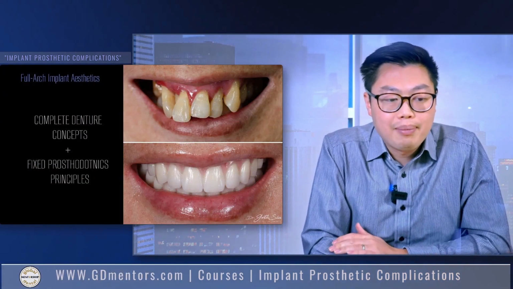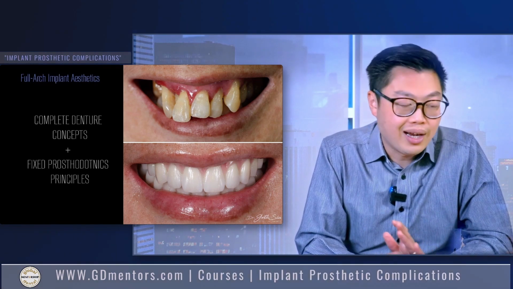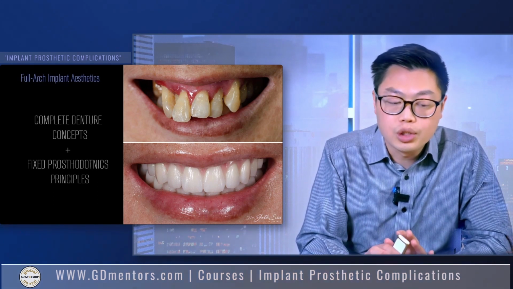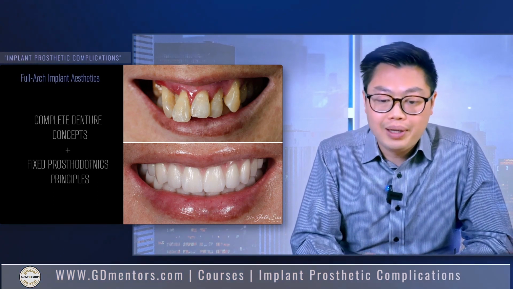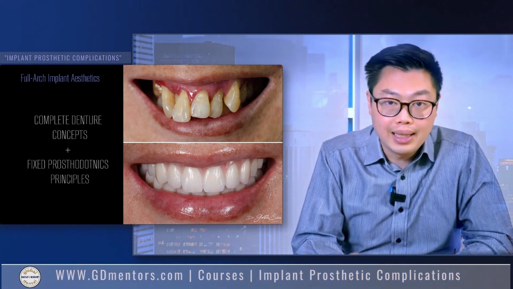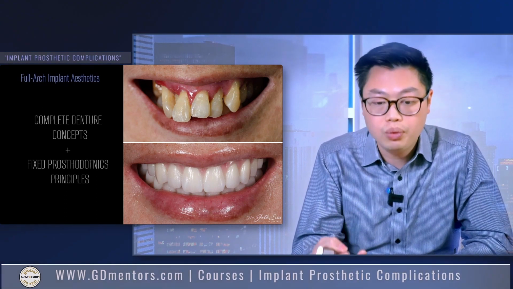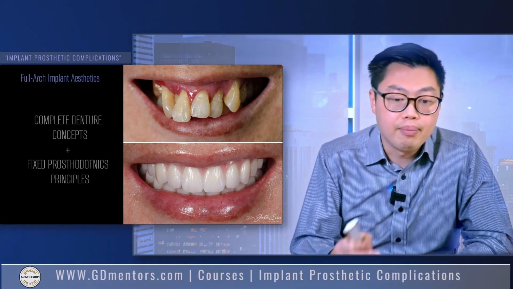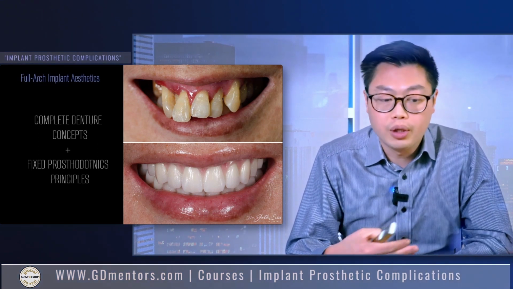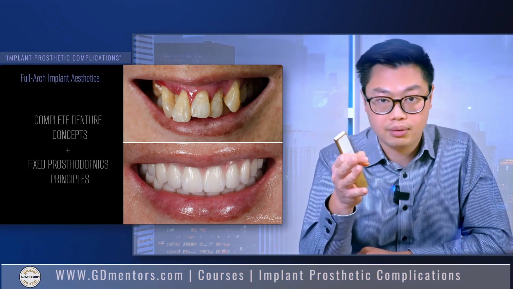So you need to think about, when we're doing these full arch implant restorations, a lot of times people say, oh yeah, they're just dentures that are fixed in. Really, it is not. It's actually very complex, because we're combining complete denture concepts with fixed prosthodontic principles, right? So you're basically doing a full mouth rehab on fixed teeth. Things are fixed in, but you still have to follow complete denture principles, because you have the ability to change pretty much everything.